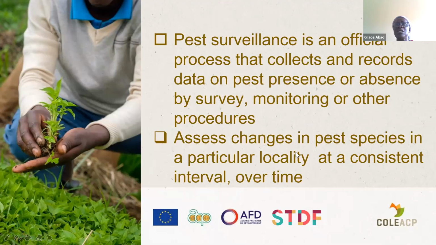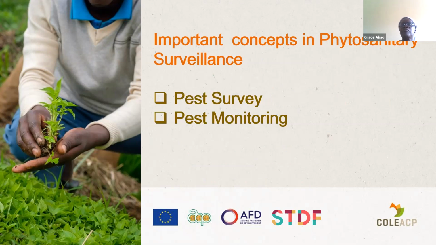It can also assist you to determine the losses that you are incurring. It could be losses on a crop, it could be losses on vegetation, losses maybe on forest cover. If that can be quantified, then you can use that information to lobby maybe policymakers to incorporate it within the policy instruments. So pest surveillance is therefore very, very key.